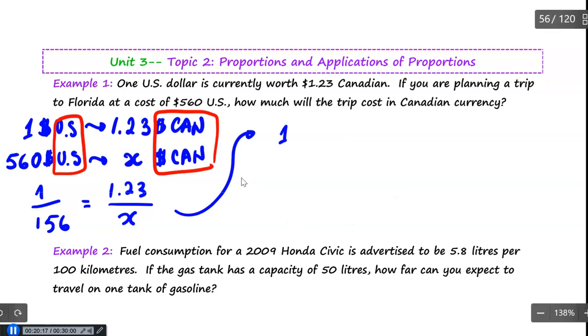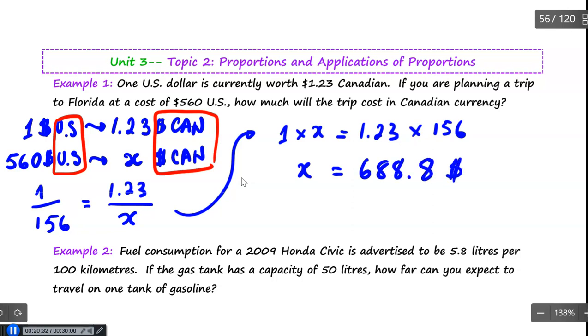Cross multiply: I have 1 times x equal to 1.23 times 560. So x equals 688.80 Canadian dollars.